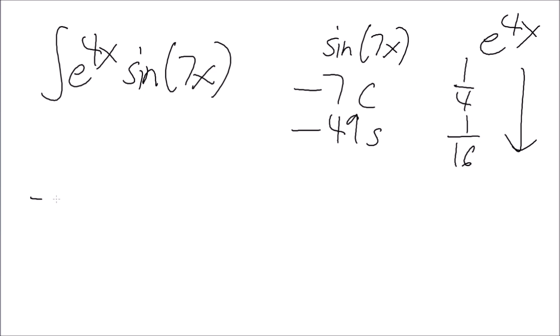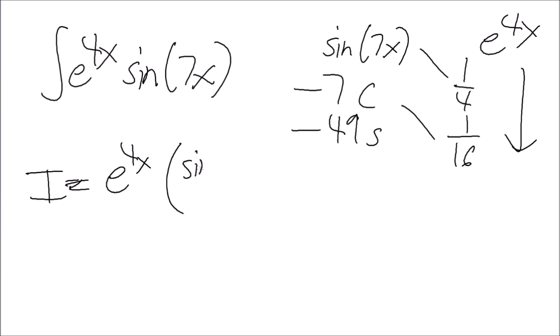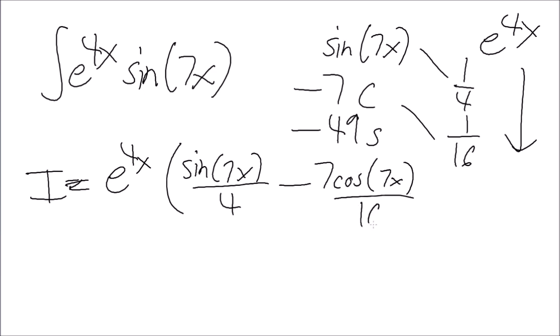Okay, so I know that the original integral I equals e to the 4x, sine of 7x over 4 minus 7 cosine of 7x over 16. Okay, and then I have minus 49 over 16 I, and then take the I.